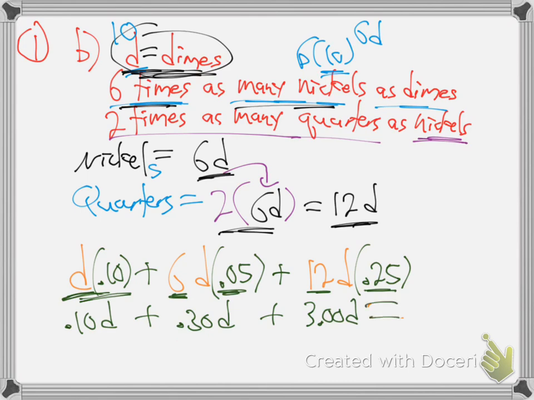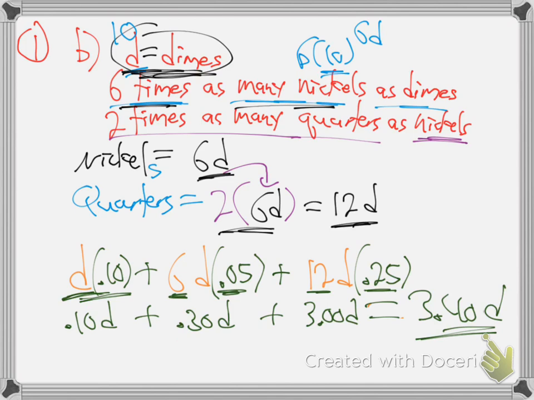Is that good? Add those all up. You're going to get 3.40D. See how I just added like terms there? That's all we can do. I don't know how many dimes. They never actually told me how many dimes. They just said it's D, whatever that is.